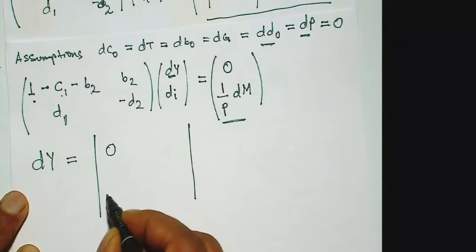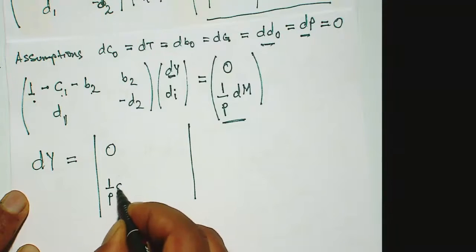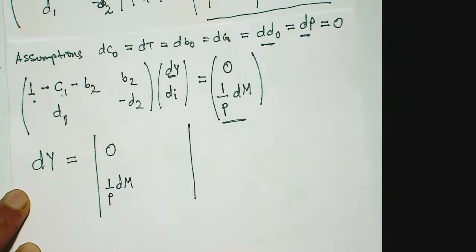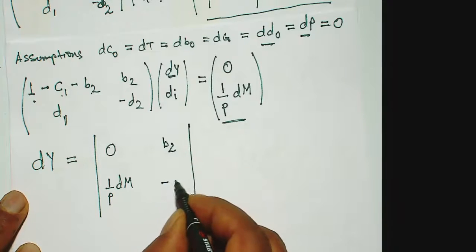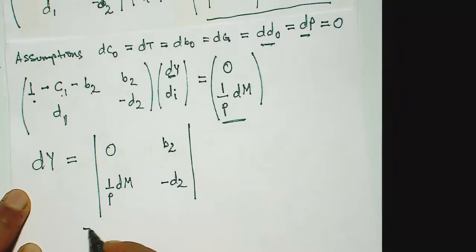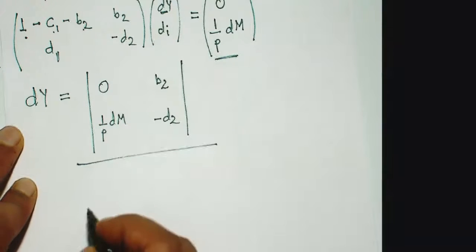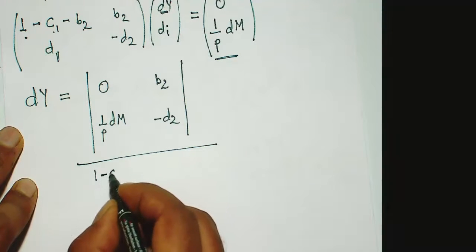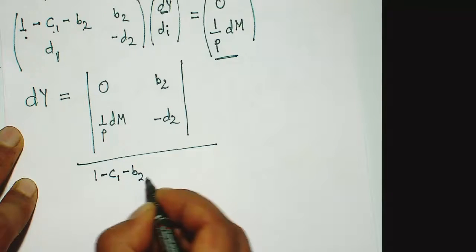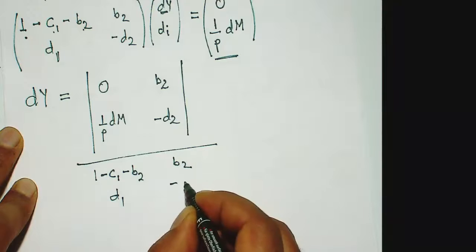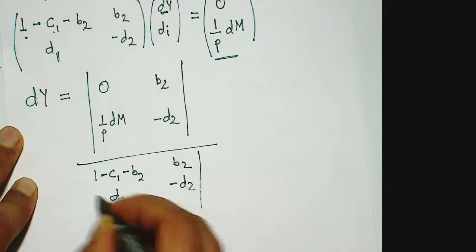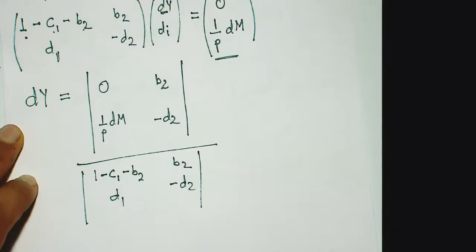So I would have 0, 1 over P dm as a representative of our dy coefficients here, and the second term remains the same. This again should be divided by the determinant of our A matrix, which is 1 minus C1 minus B2, B2, D1, minus D2, and this is again a determinant.